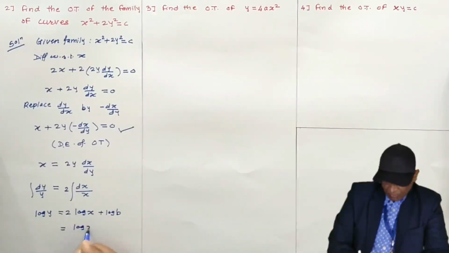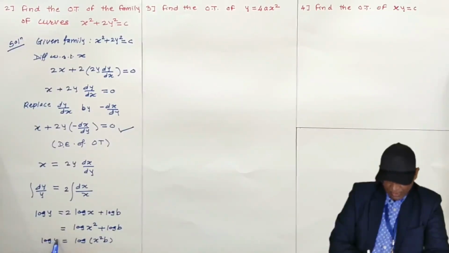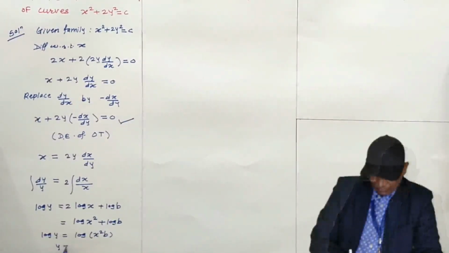Then by the law of logarithm, I am going to solve it for one more step. By the law of logarithm, this 2 can be brought here. Log a plus log b is log of a into b. Log y is there on the left hand side, and log of left hand side equals log of right hand side, therefore their domains will be the same.